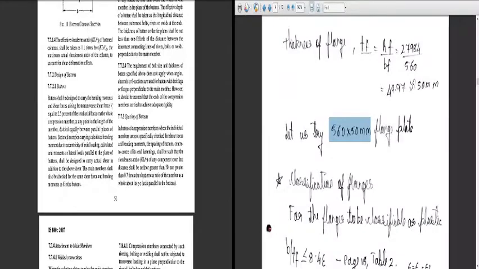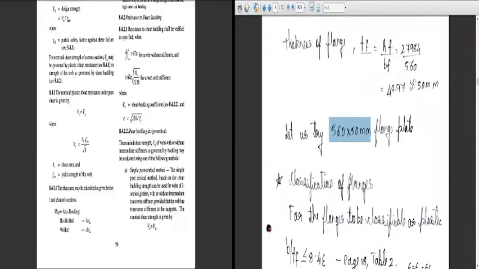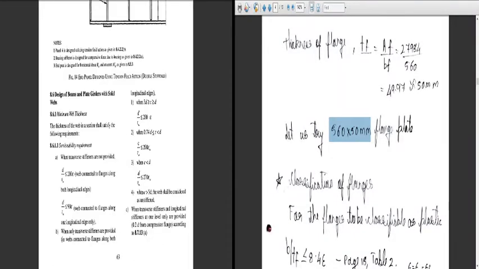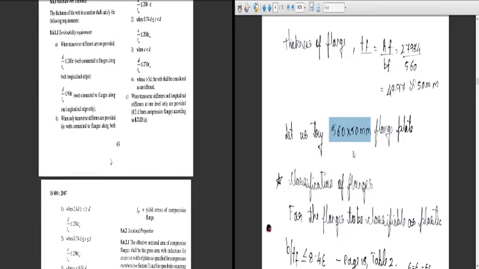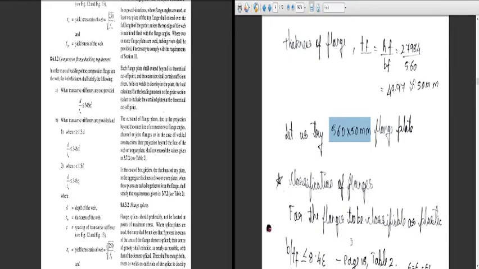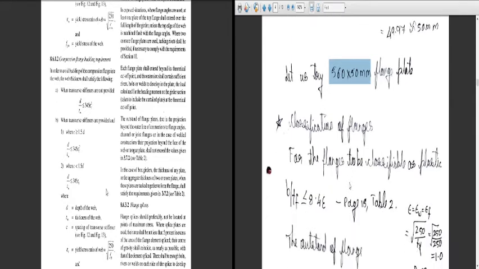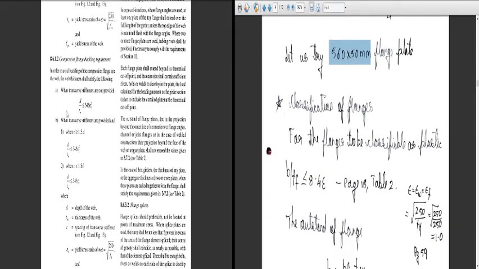So the web will be of depth 1800 and width of 12 mm and the flange will be of 560 mm by 50 mm flange plate.